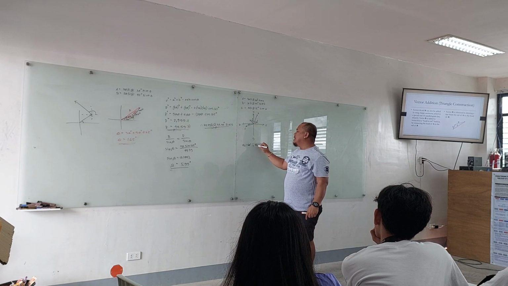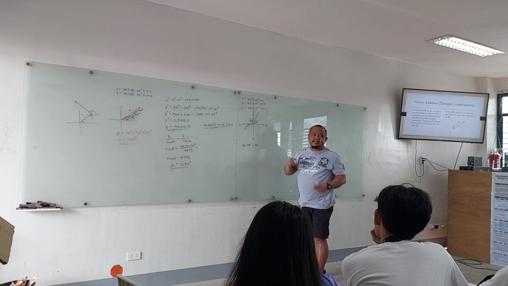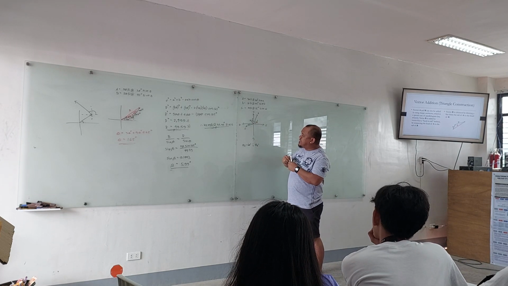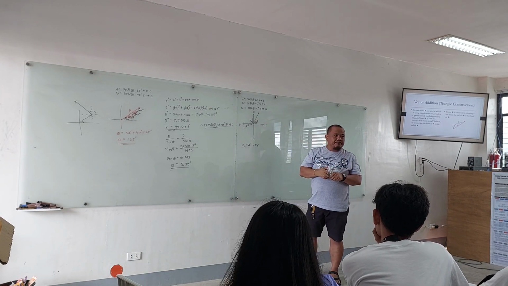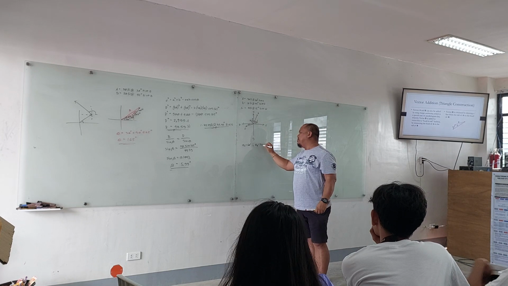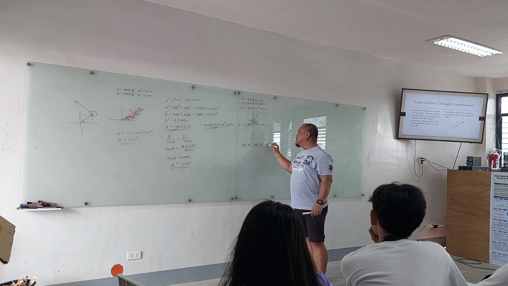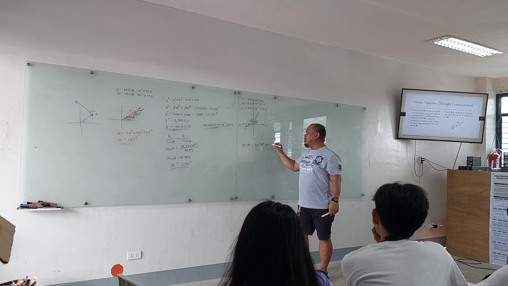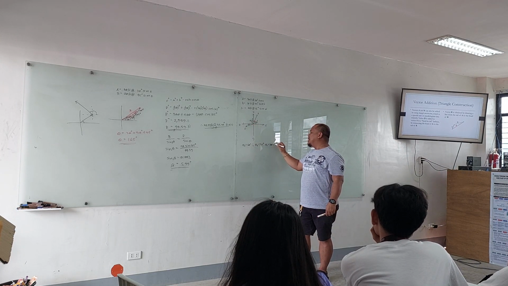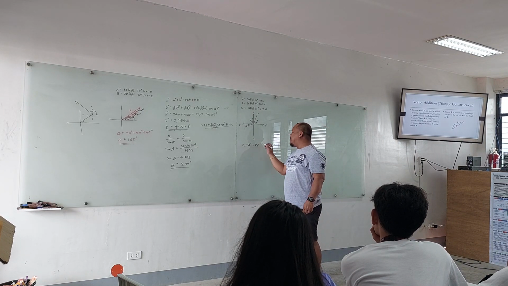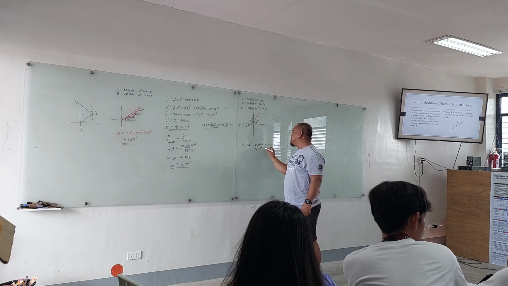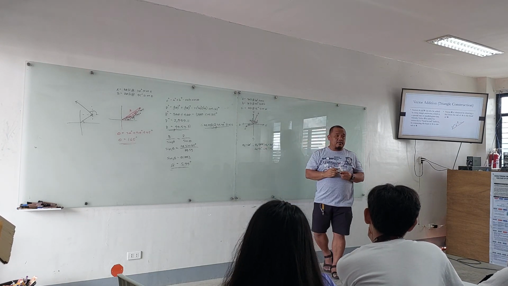Next, theta B is 45 degrees from here, but since it starts from the positive x-axis, it is 90 plus 45, theta B equals 135 degrees. Theta C is equal to 180 plus 15, theta C equals 195 degrees.